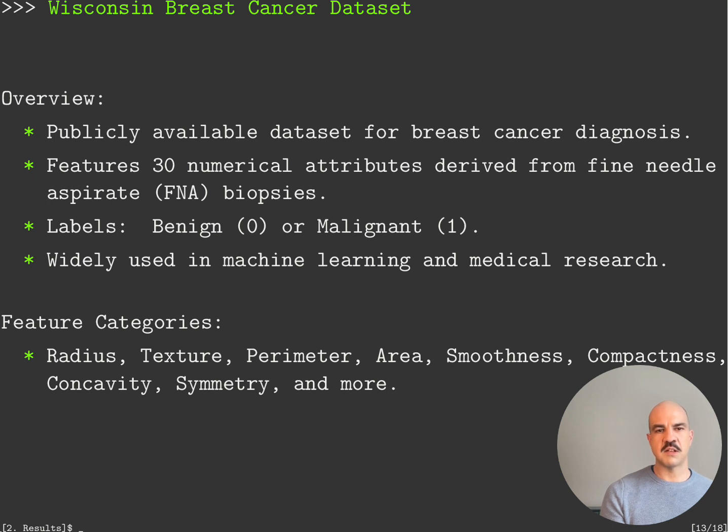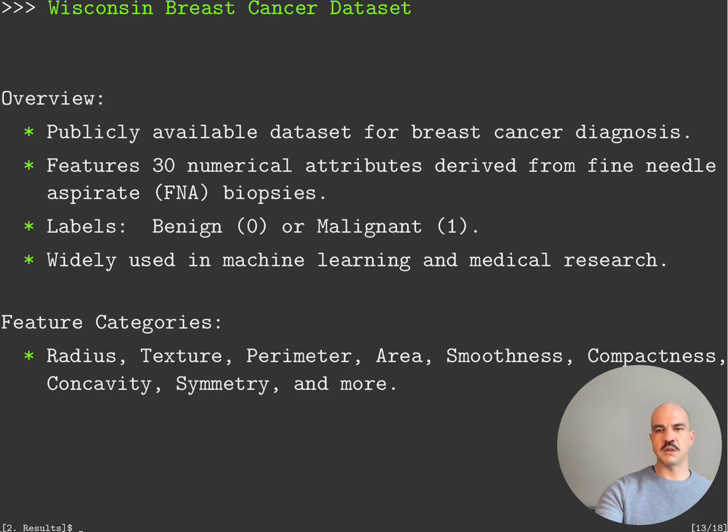The label of the breast cancer biopsies is either benign or malignant, and they either have breast cancer or they don't. This is a very common data set in machine learning, and some of the features of the biopsy results are the radius, the texture, the perimeter, the area, the smoothness, compactness, the concavity, the symmetry, and a few more.